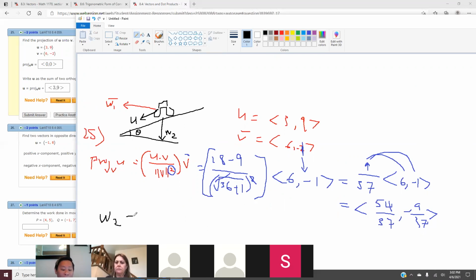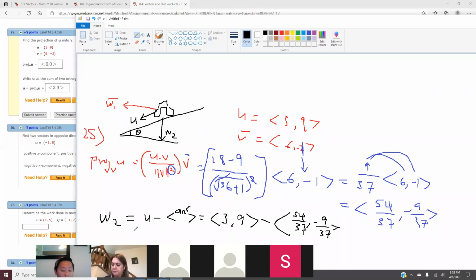In order for you to find this, you just need to take u minus whatever you have here, your answer that you have. So u in this case is 39, and you minus this 54 over 37 and -9 over 37.